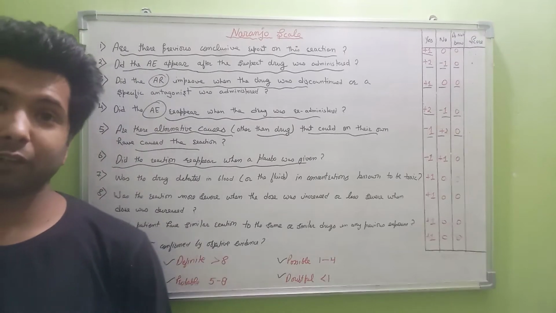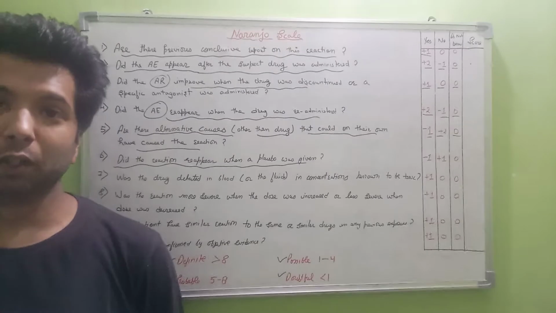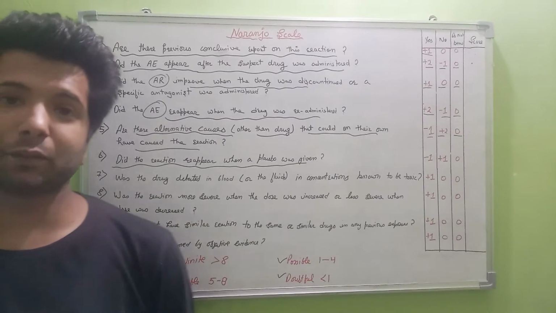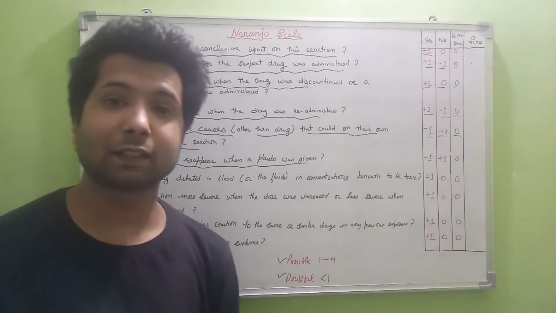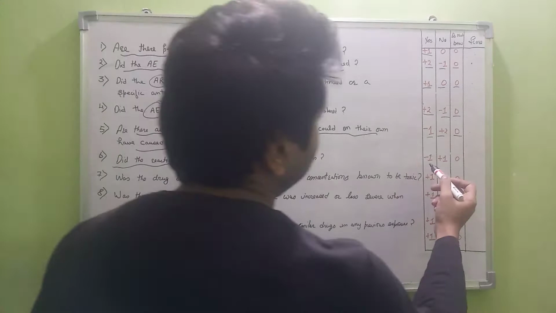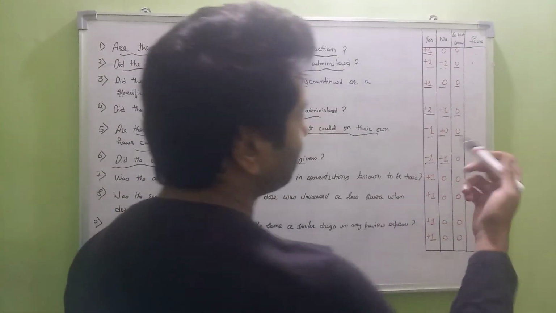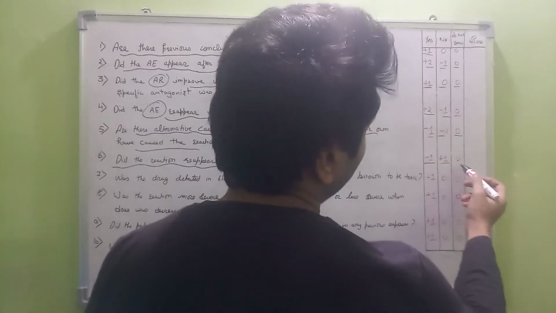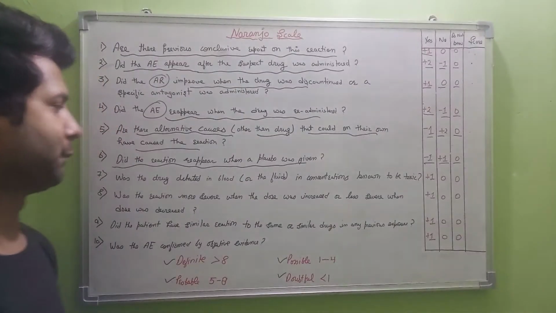Now we will stop the paracetamol and give the placebo. The placebo is an inert substance, and we will see whether the adverse event, that is the skin reaction, reappears or not. If so, then we will capture -1, and if it is no, then we will capture +1, and if we do not know, we will capture 0 and we will put the total score here.